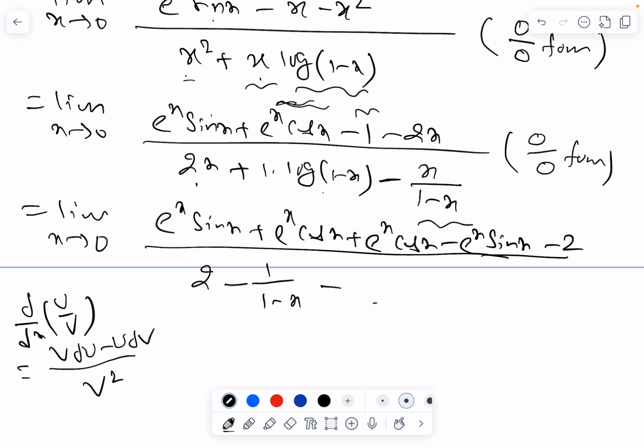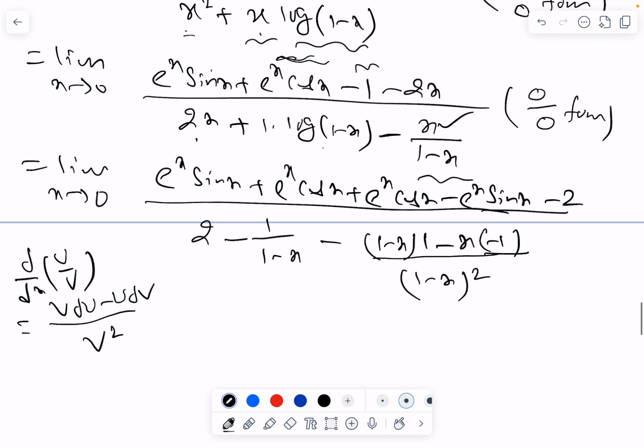This is minus, u by v rule. So this is 1 minus x square, 1 minus x as it is, derivative of x is 1, minus x as it is, derivative of 1 minus x is minus 1. Now here let us see this to cancel.